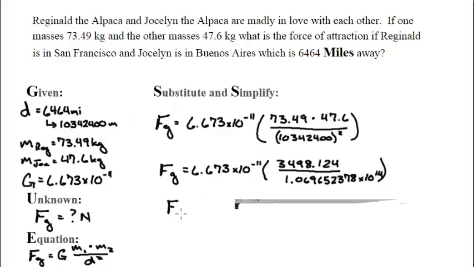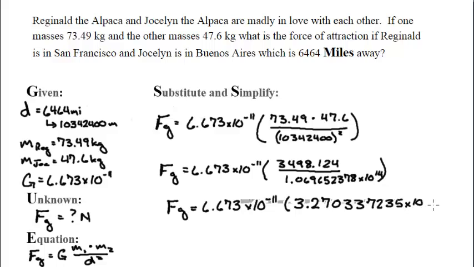And so force due to gravity equals 6.673 times 10 to the negative 11 times, when I solve the parentheses, I got 3.270337235 times 10 to the negative 11.